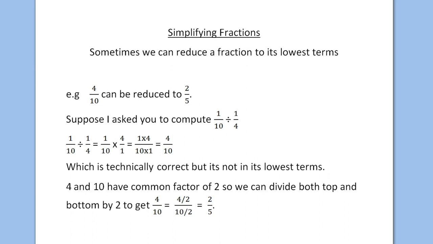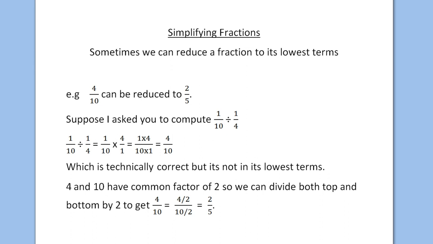Then 1 over 10 divided by 1 over 4 is equal to 1 over 10 times 4 over 1. All we've done is we flipped the second fraction, we took its reciprocal, and now we multiply. And that's equal to 1 times 4 over 10 times 1, and that's equal to 4 over 10, which is technically correct, but it's not in its lowest terms.